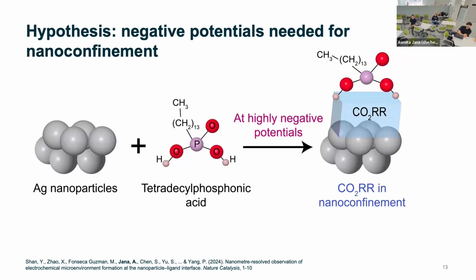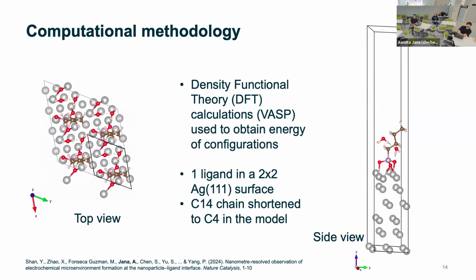All of us hypothesized that at really large negative potentials this kind of structure forms, and the only reason there is enhanced catalysis is because it's a nanoconfined electrocatalyst.